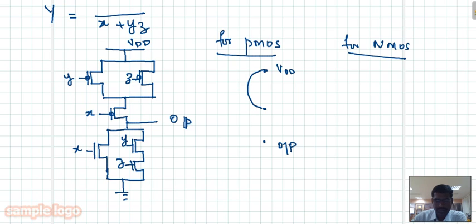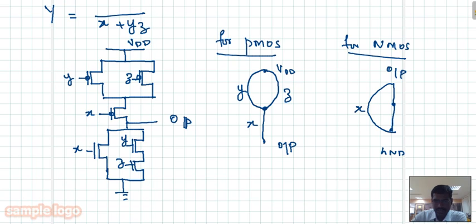It is like this, edge like this, and it's going like this. And for this output and with respect to ground, here we have a node. From here to here it is y, from here to here it is z, and here is our x. So x, y, and z.